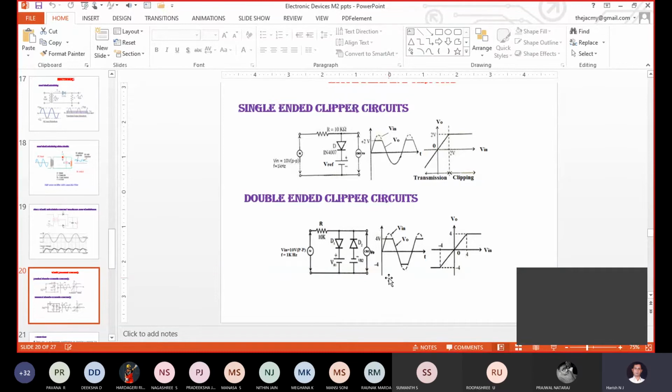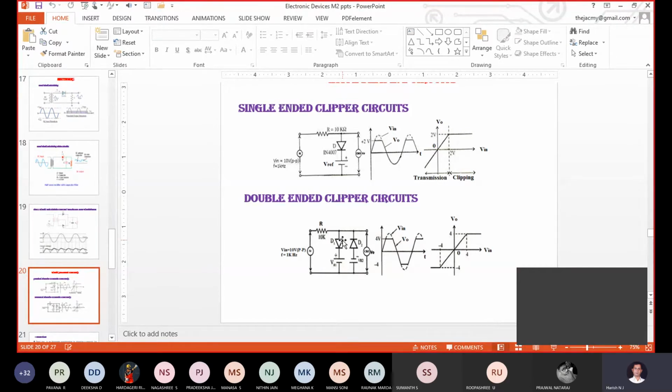No problem. Correct. So now, will anybody guess what the disadvantages of the clipper circuit are? It may be single-ended or double-ended, whatever it may be. What is the drawback of this? So how are we going to set a position for removing some part of the output waveform?